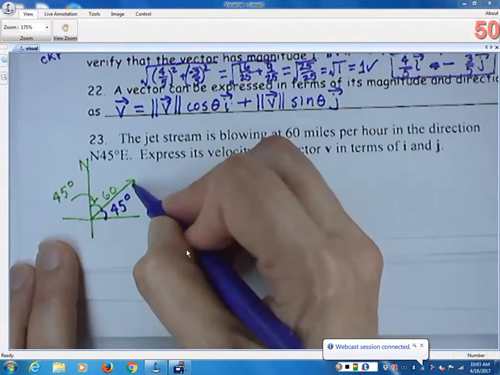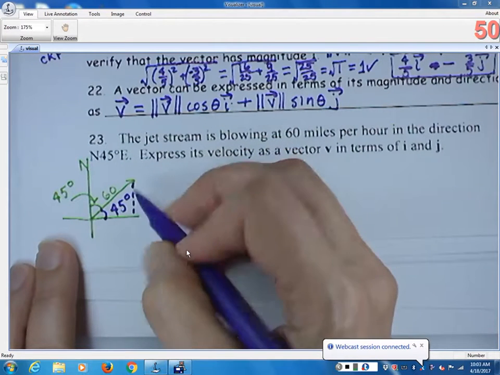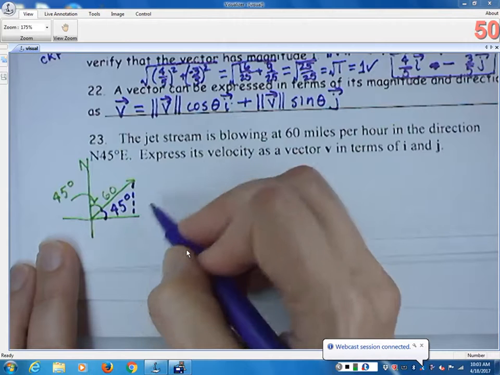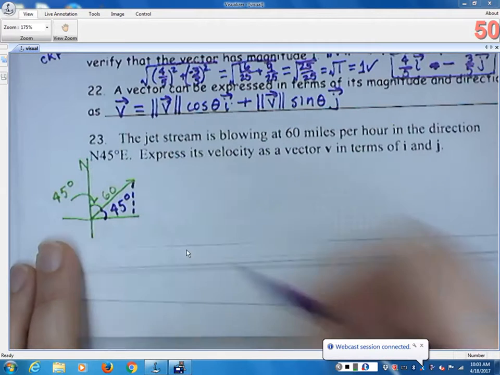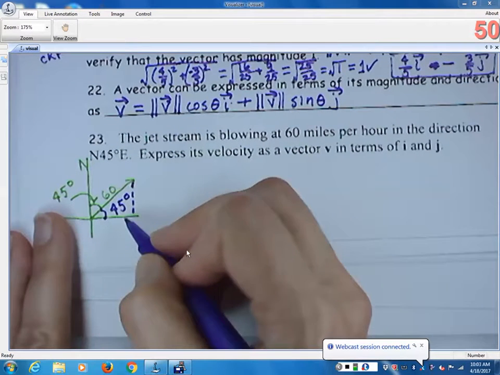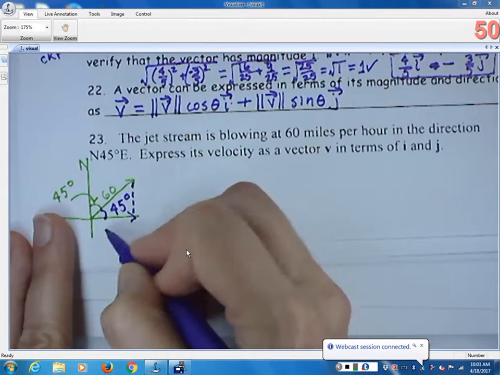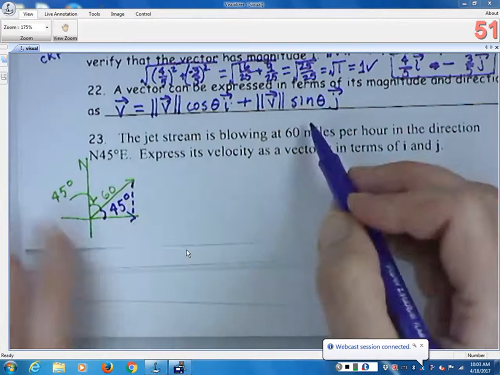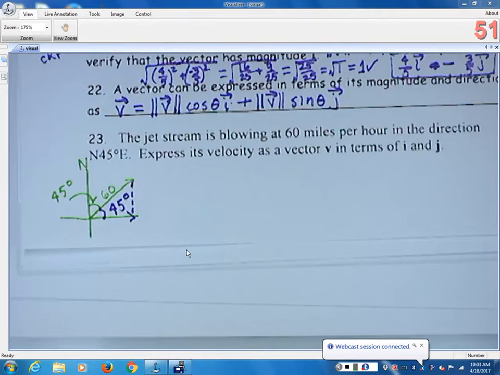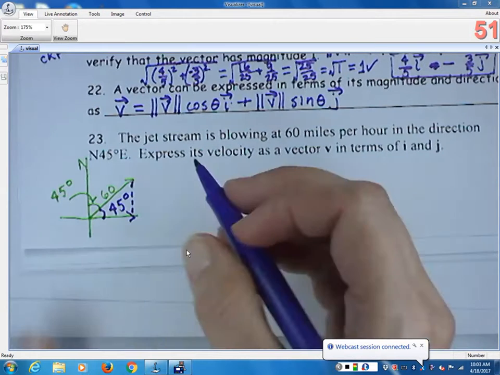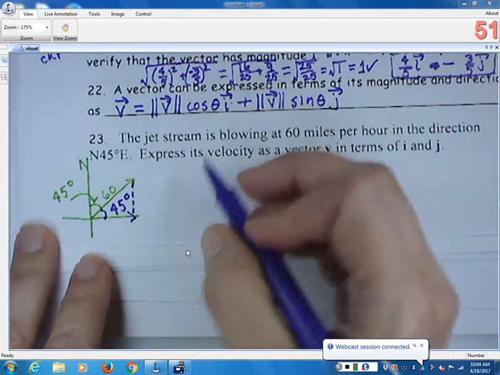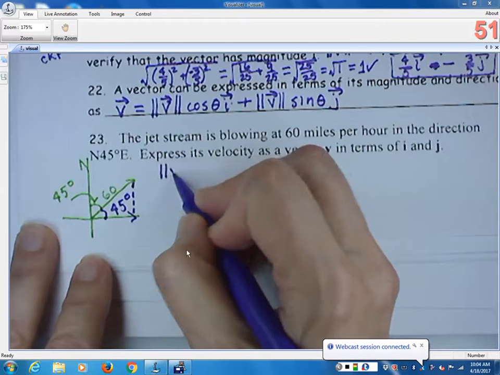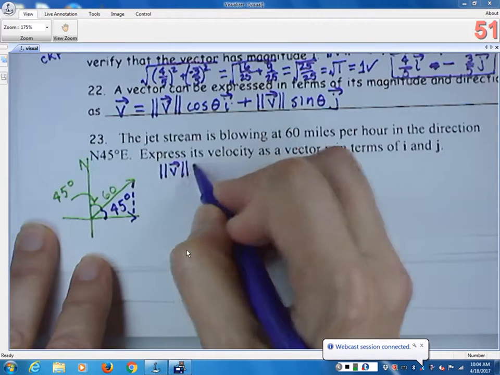They want us to express this in terms of i and j. So they want us to write it. So we're going to use this formula. We could derive the formula again, but we don't need to. Okay. So the magnitude of v is given to us as 60.